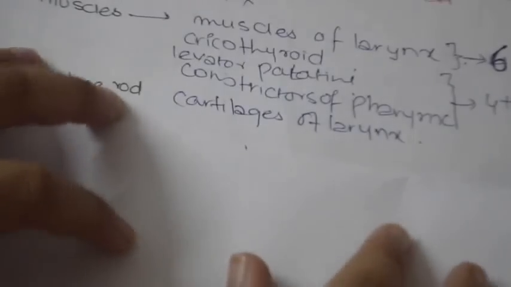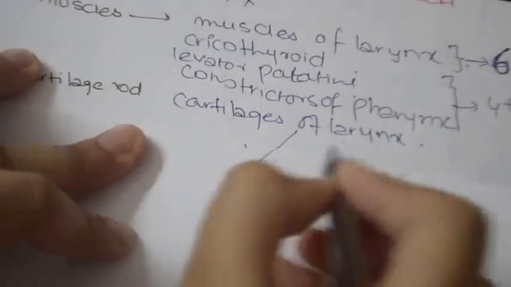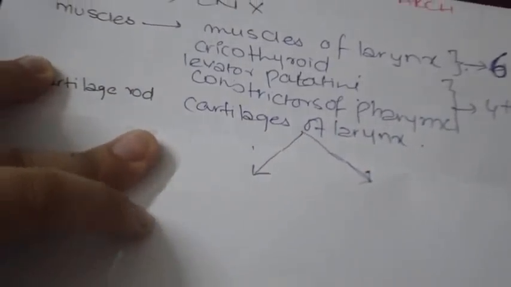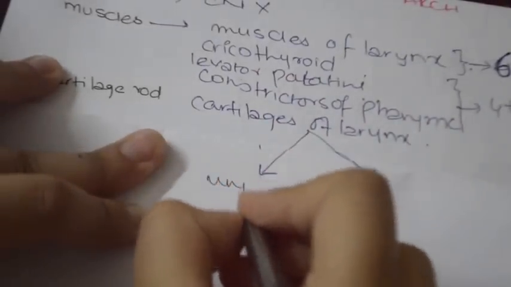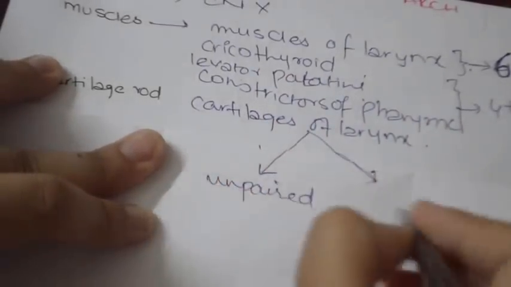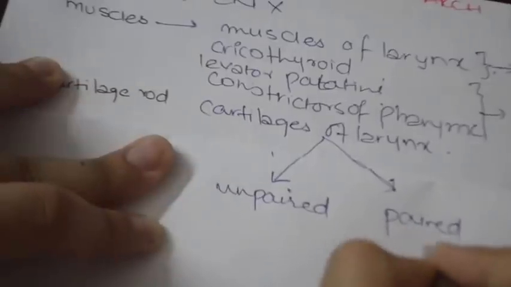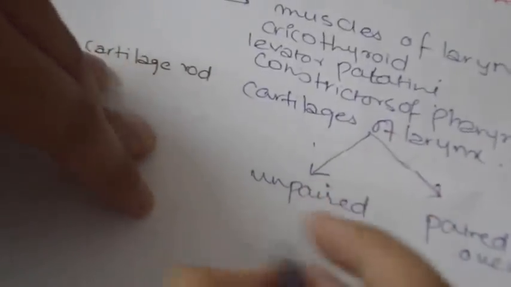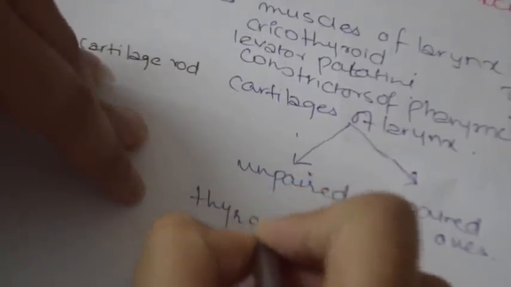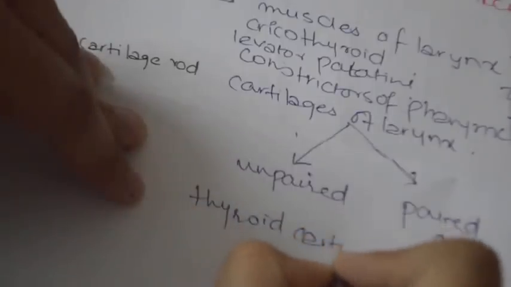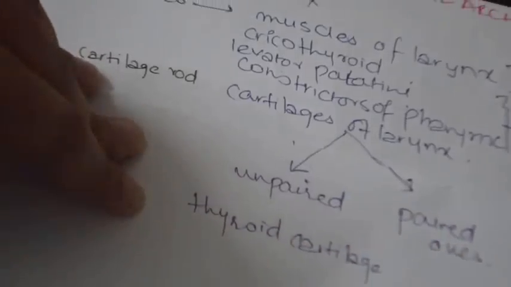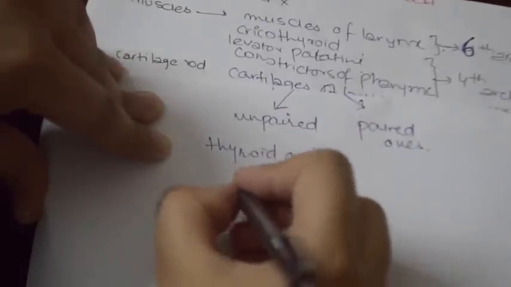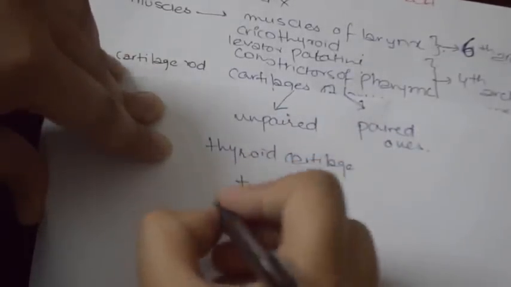But just for your information, these cartilages can be divided into two parts: the unpaired ones and the paired ones. The unpaired ones are the thyroid cartilage and the cricoid cartilage.